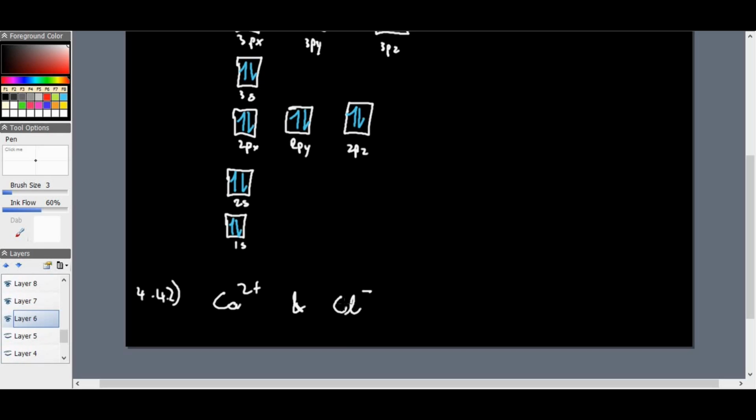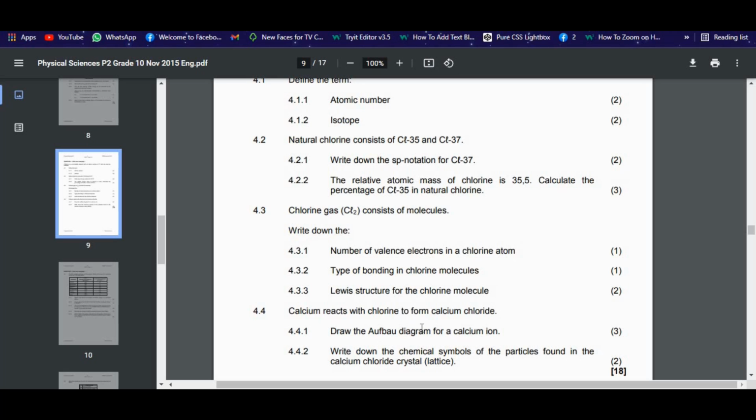We just did an Aufbau diagram for the calcium ion, which is over here, Ca2+, and the chlorine ion is Cl-, showing that the calcium 2+ makes 2 bonds, of course, and the chlorine minus makes 1. So those are the chemical symbols of the particles found in the calcium chloride crystal lattice. All right, cool. That's question 4.